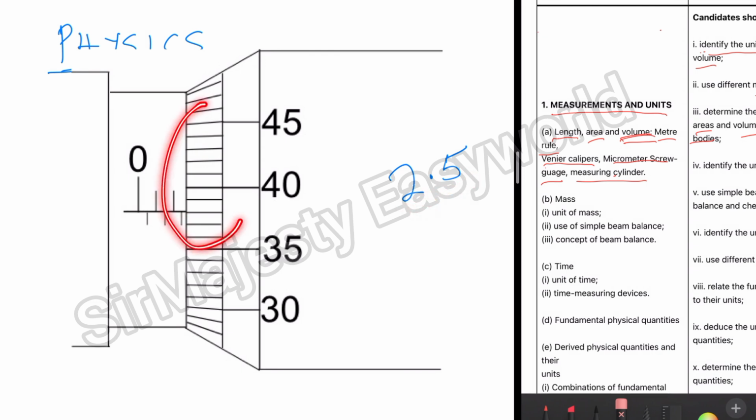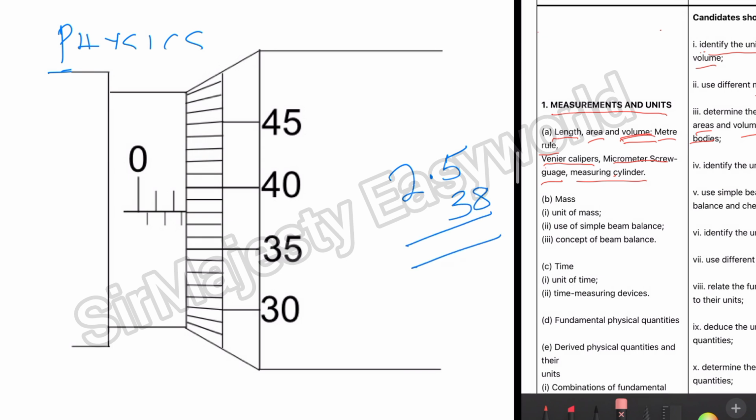Come to this section. Which one tallies closest to this line here? This is 35. If this is 40, it means that the readings here are 35, 36, 37, 38, 39, and 40. So the one that tallies the closest is 38. So what do we do? We take this and add it to this section.